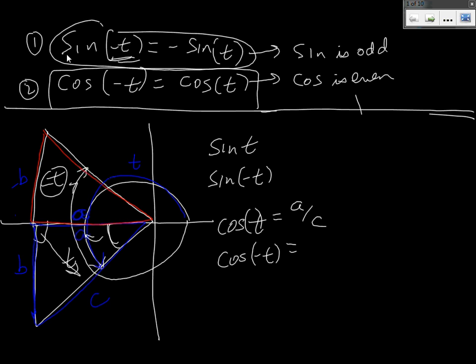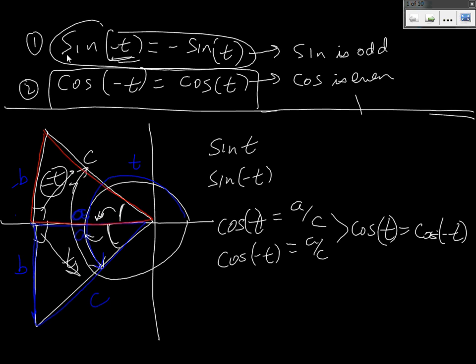And the cosine of this reference angle is adjacent, which is A, divided by the hypotenuse, which is C. So once again, in quadrant 3, we see that cosine doesn't care whether the angle is negative or not.